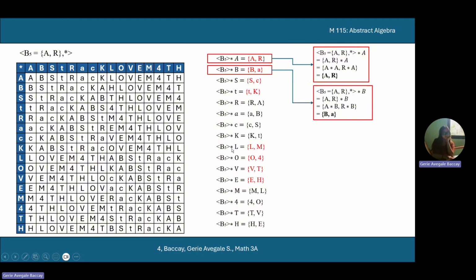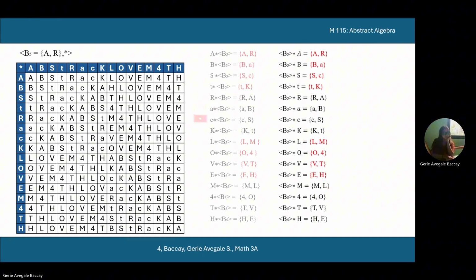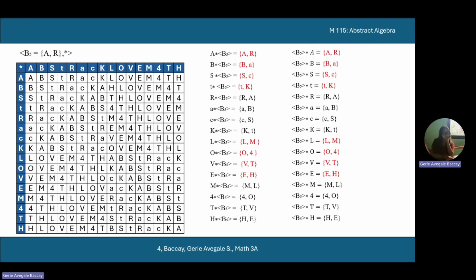Now, how will we know if B sub 5 is a normal subgroup? If each left coset matches its corresponding right coset, then H is a normal subgroup. So let's see. This is the left cosets and this is the right cosets. As we can see, the left cosets match the right cosets.